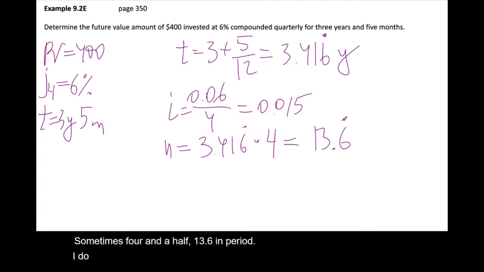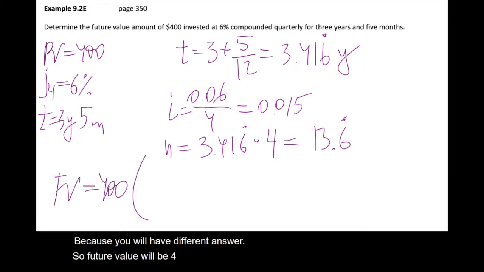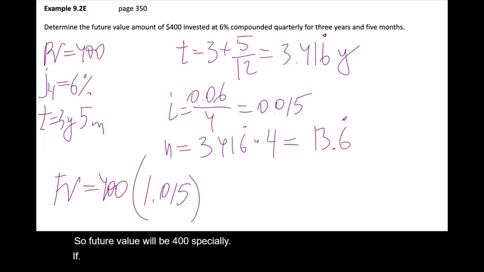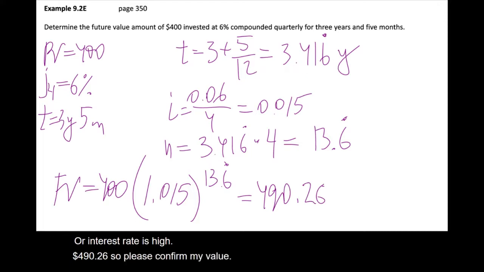Do not be tempted to round to 13.7 because you will have a different answer, especially if the amount is higher or the interest rate is higher. So the future value will be 400 times 1.015 exponent 13.6, which is $490.26. So please confirm my value. Yeah, very good.